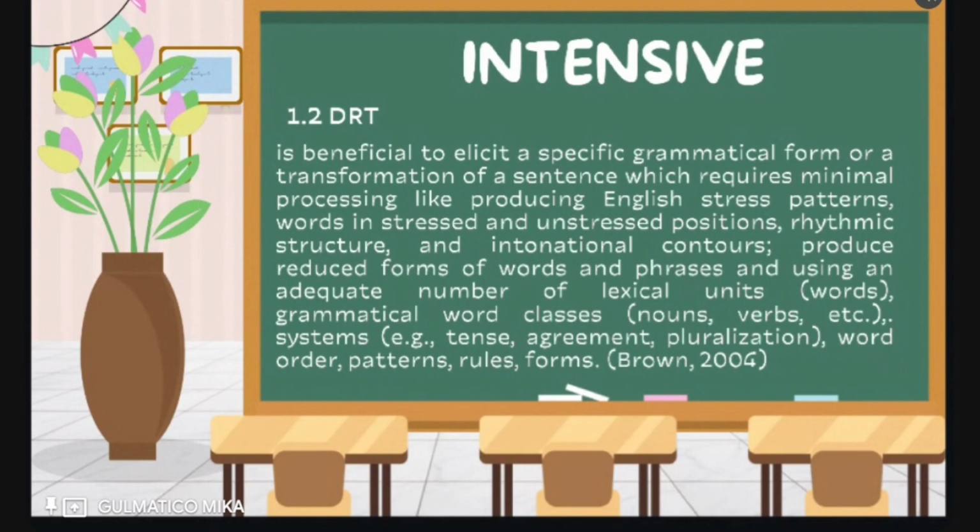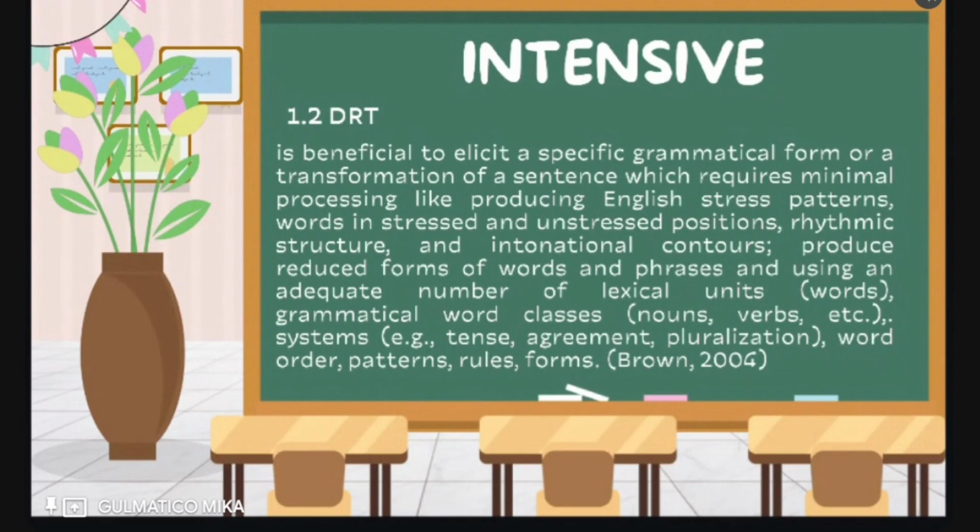So here in intensive DRT, it talks about how you pronounce or deliver your own phrases when you speak English.